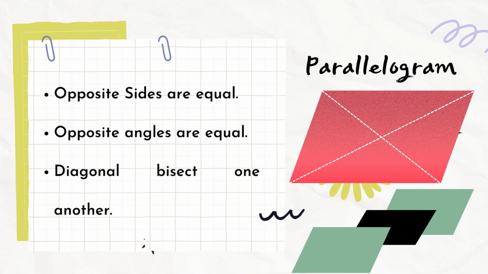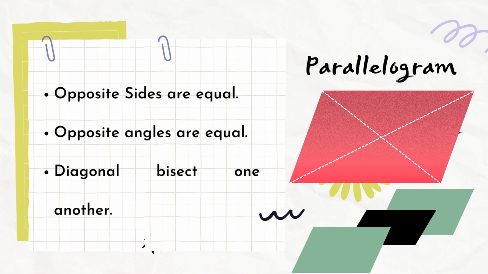Make it very sure that in the rectangle, each and every angle is a 90-degree angle. But in a parallelogram, it's not so. All the angles are not 90. Two of them are less than 90 and two of them are greater than 90. So we are not going to say that, but yes, we are going to say that opposite angles are equal, like opposite sides.